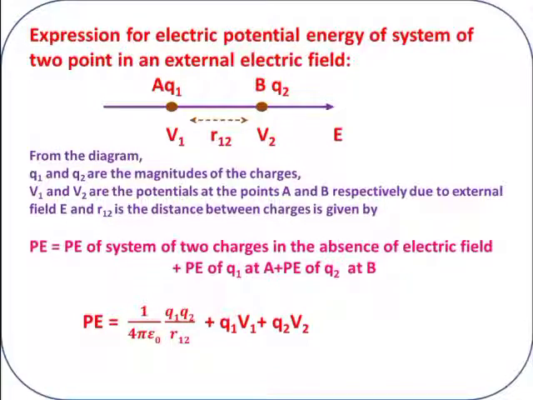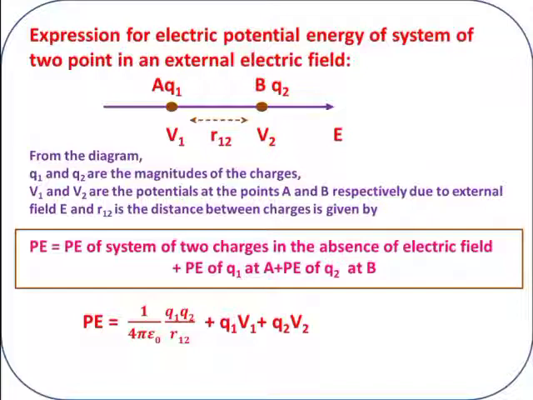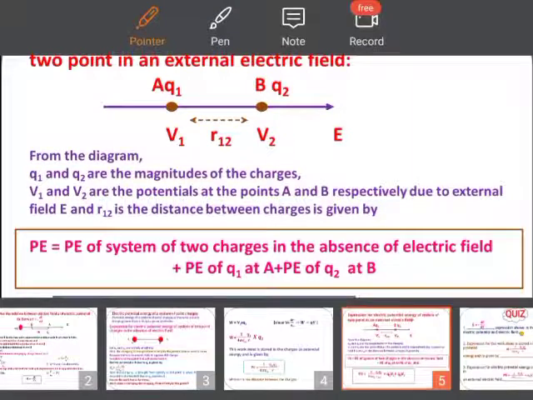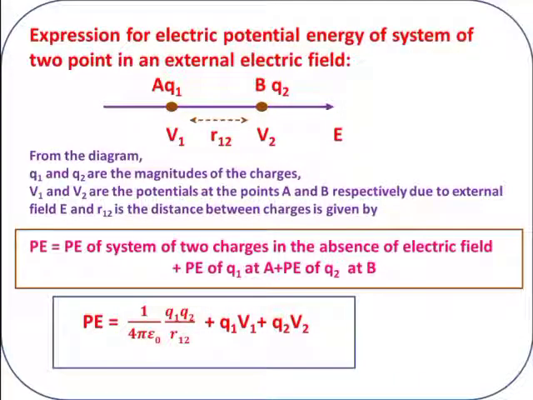These are the expressions for the potential energy due to the two charges in the presence of an external electric field. This is also very important for 2 or 3 marks, so practice all these expressions. Those expressions will help you to solve the numericals.